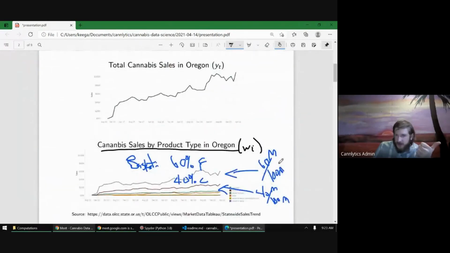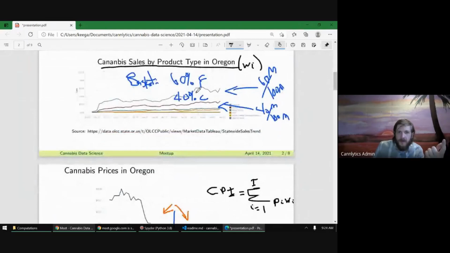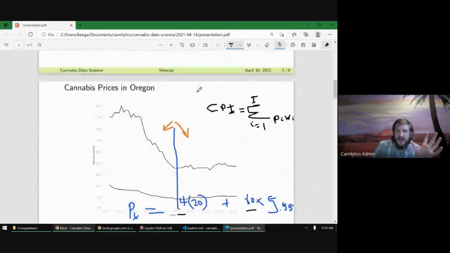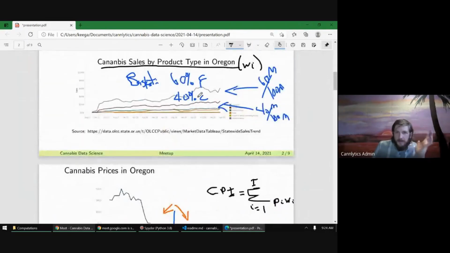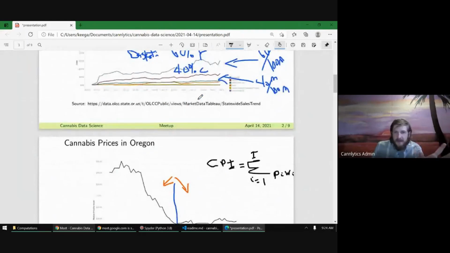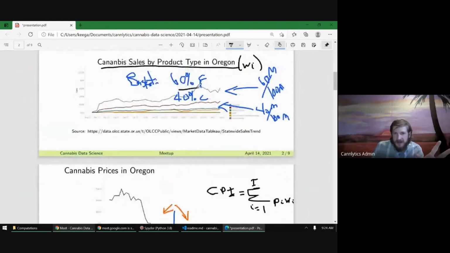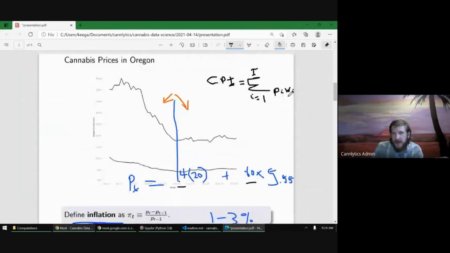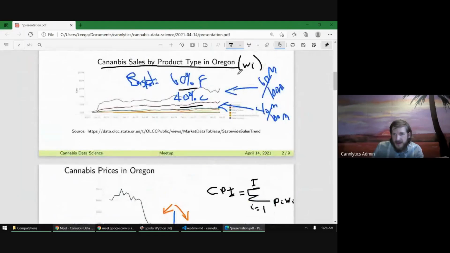So we're seeing that consumers are spending about 60% of their money on flour and 40% on concentrate. So you can say basically somebody's basket of goods is going to be 60% flour and 40% concentrate. So that's where you get the weights from.